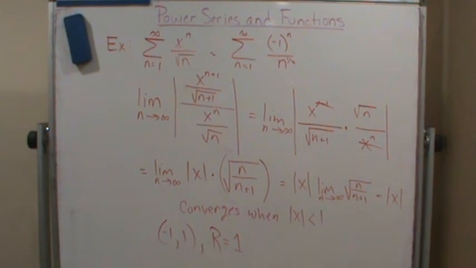And if you take the absolute value of this, you get a p-series that's divergent. Okay, so it's not absolutely convergent when x is equal to negative 1 as well. And so this is where it stands.